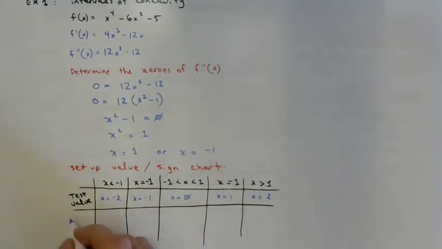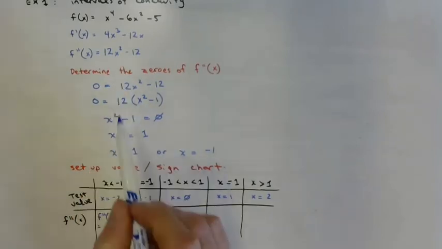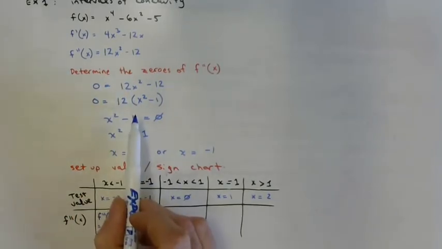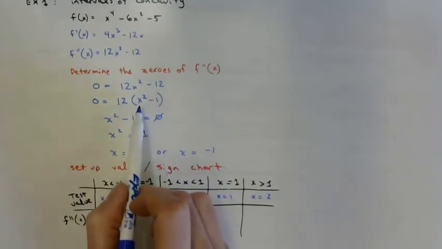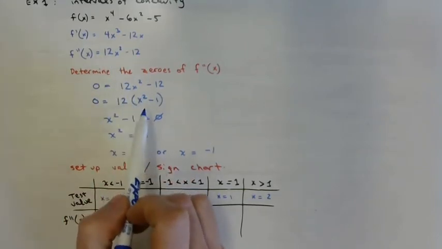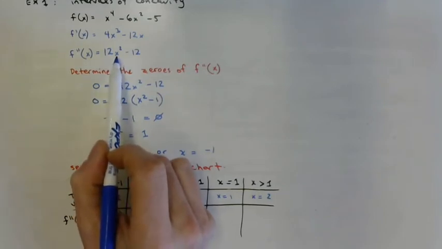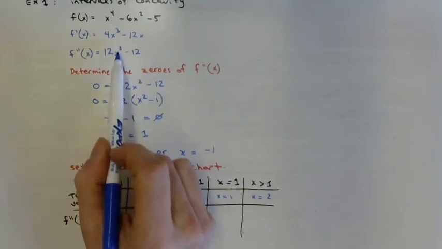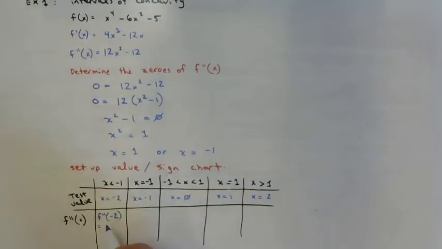Okay, we're going to sub that into the second derivative function in order to determine the sign. So f double prime of -2 equals, if I sub -2 in here, I get -2 squared, 4 times 12 is 48 minus 12 is 36.